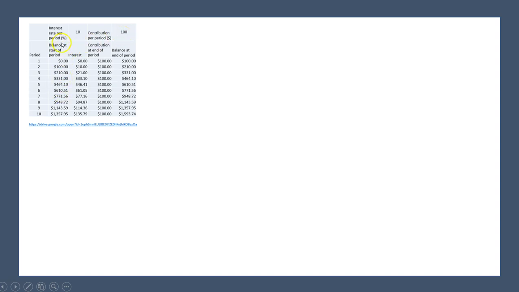This here now tells us the balance at the start of the period, the interest earned, the amount you've got then at the end of the period, and the balance at the end of the period. So when your first $100 is not being deposited until the end, hasn't had time to earn anything, it's still $100.